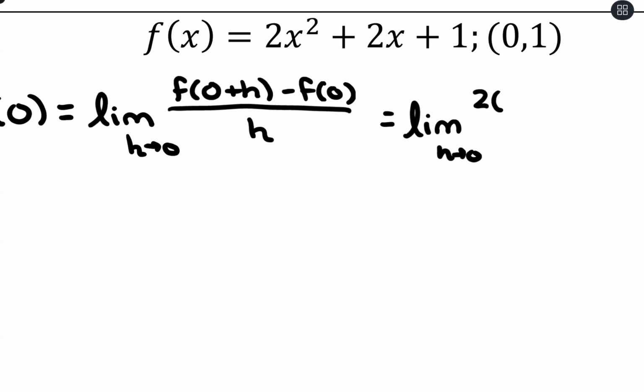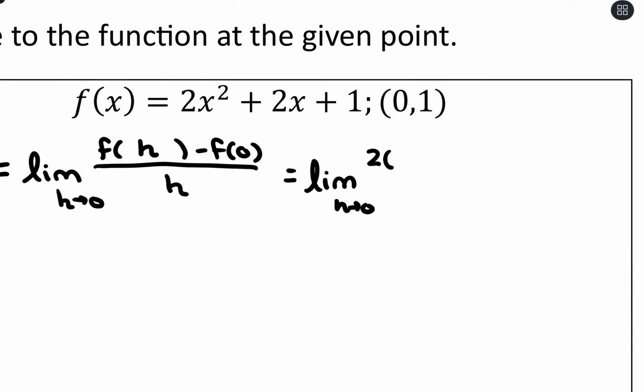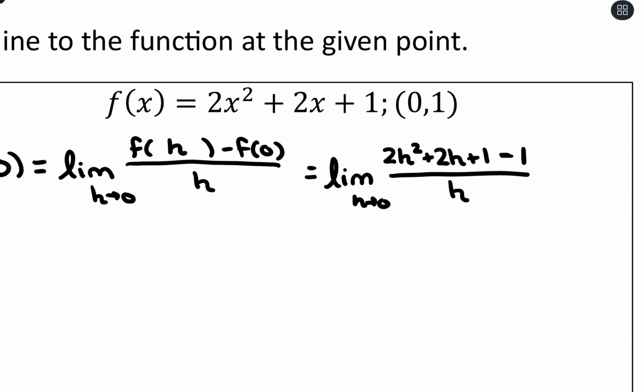So really what I'm doing here, if it's 0 plus h, is just evaluating f of h. So what we can do is just make the substitution of h for x. So this will be 2h squared plus 2h plus 1 minus f of 0, which they're giving us as the y coordinate, a positive 1, all over h.